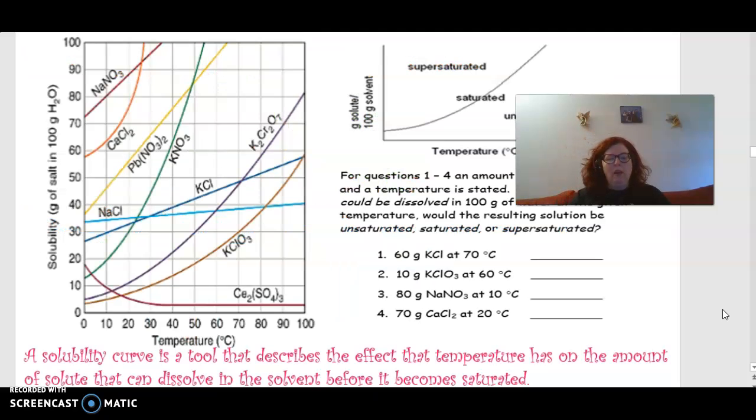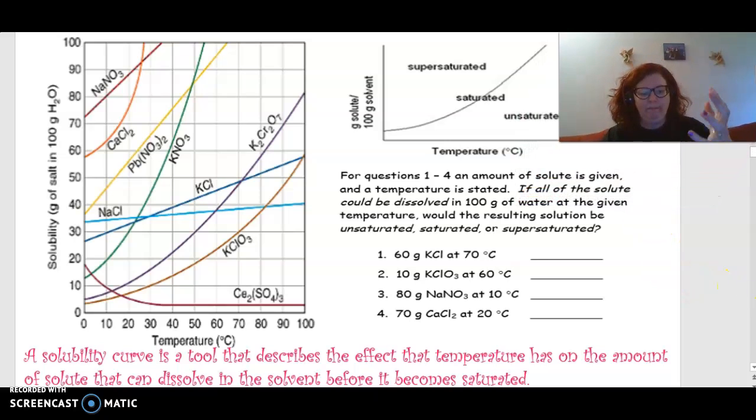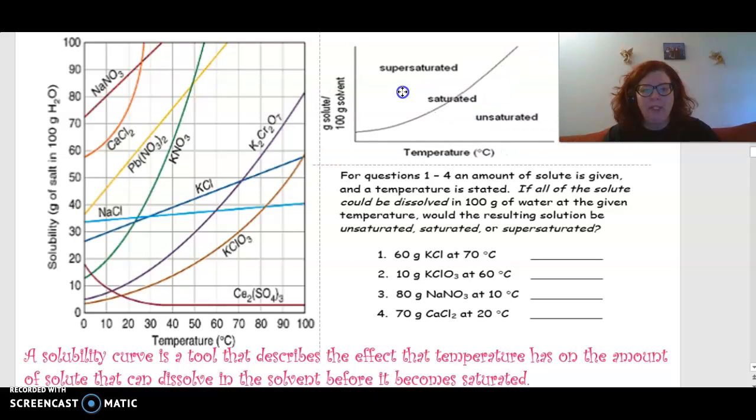All right. Which brings us to the solubility curve. Oh, it's pretty and rainbowy. A solubility curve is essentially a tool. It's a graph, and it describes the effect that temperature has on the amount of solute that can be dissolved.